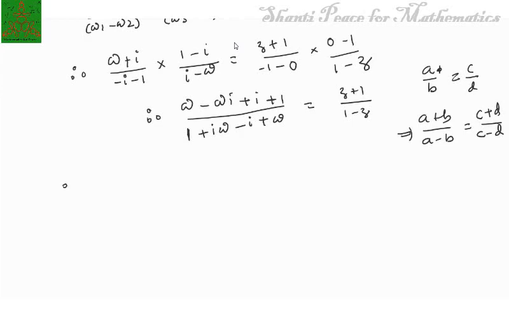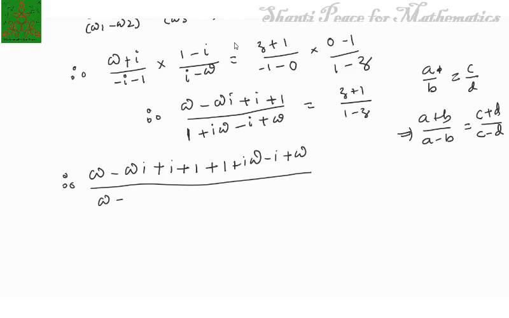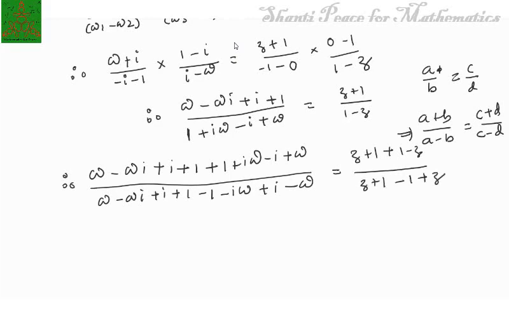We apply that, so we have W minus Wi plus i plus 1 plus iW minus i plus W upon W minus Wi plus i plus 1 minus 1 minus iW plus i minus W. On the other side you will have 1 plus Z plus 1 minus Z upon Z plus 1 minus 1 plus Z.